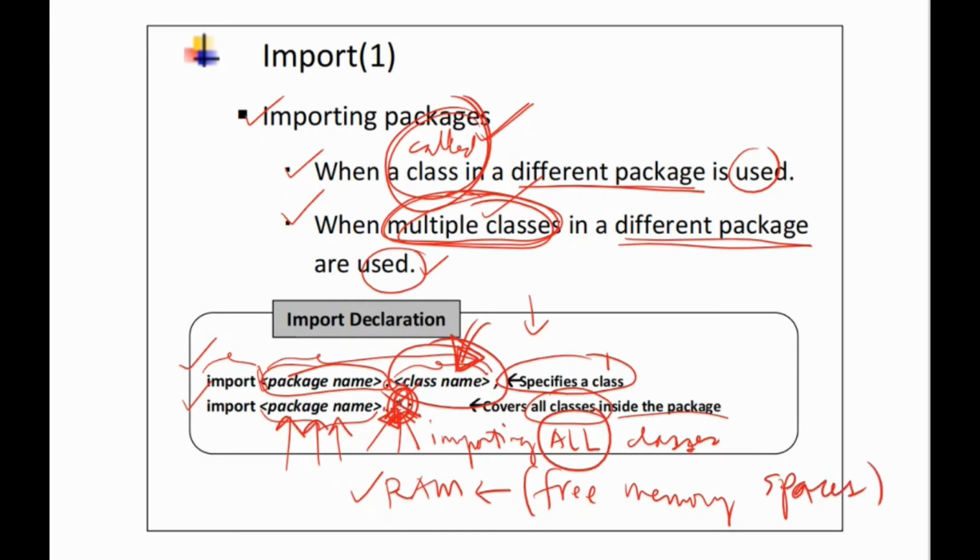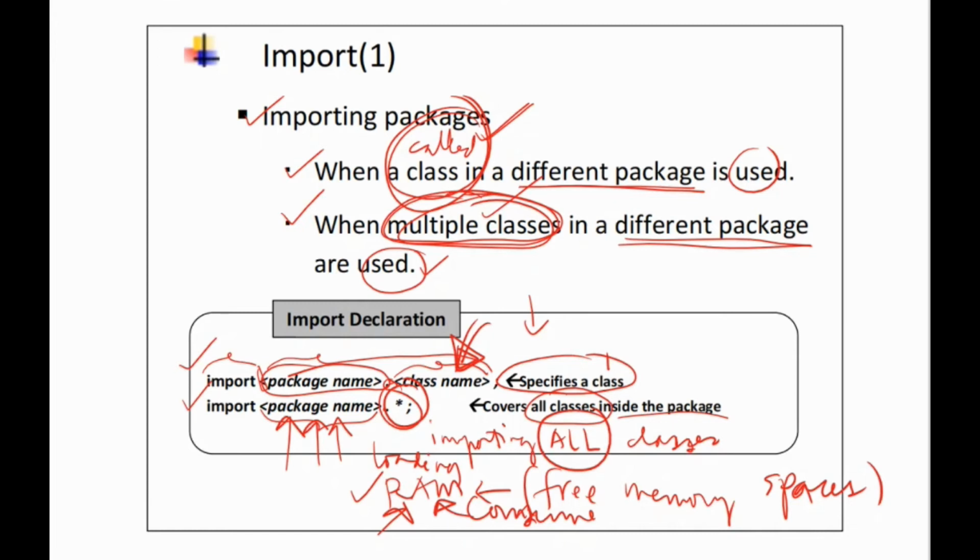Because if you use the asterisk, as I've mentioned already, you will be loading into the RAM all of those Java classes, and that would occupy so much of the RAM space.